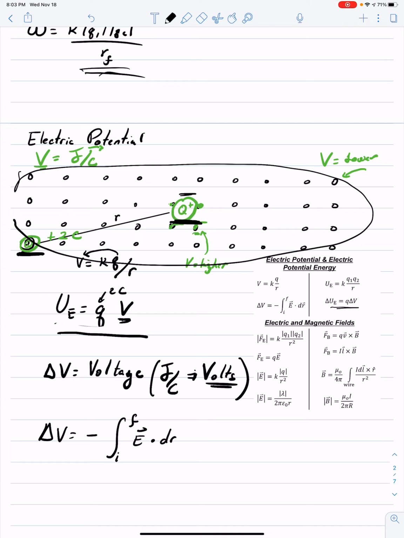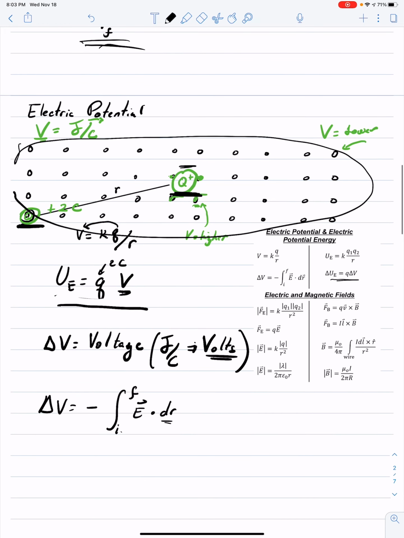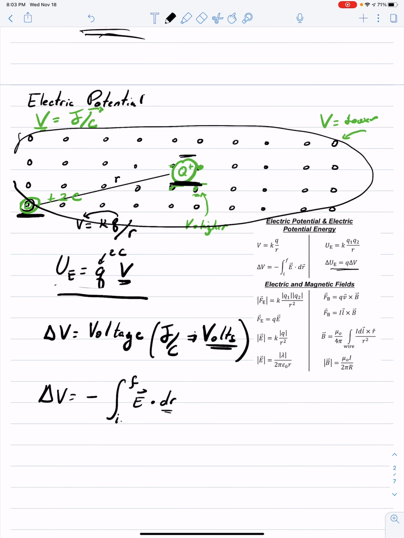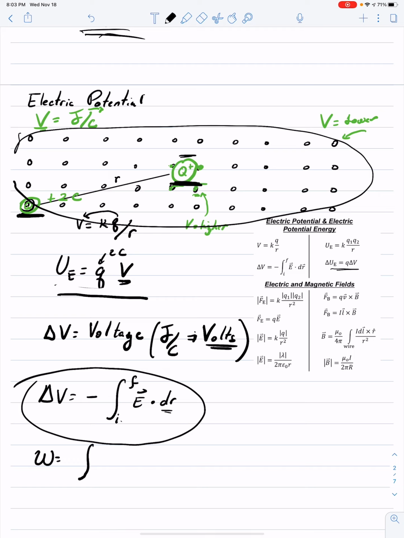And let me rephrase that: the integral between the initial and the final of the electric field times the infinitesimal distance r. Doing this is just a product of the original work, which equals the integral between the initial and final position of F times the infinitesimal distance r.